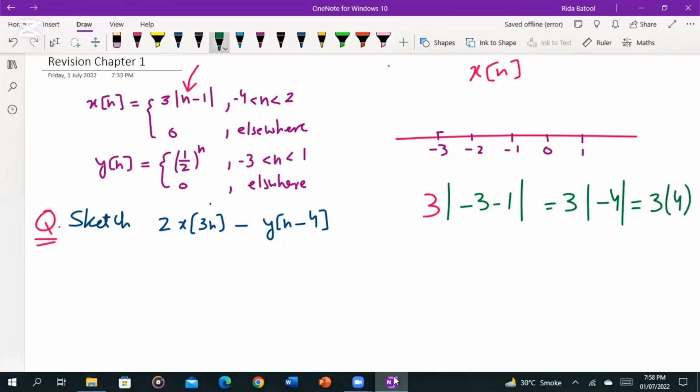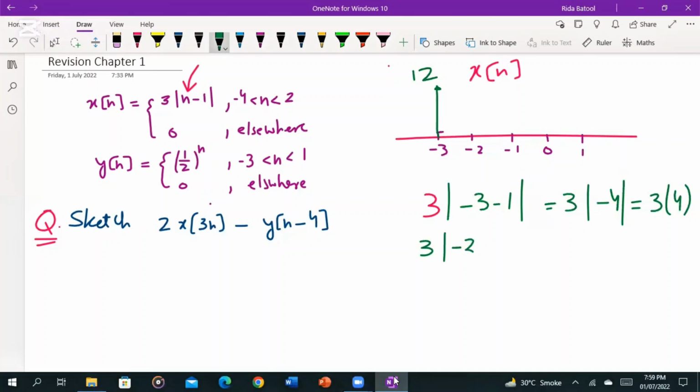That modulus will be 3 multiplied by 4 is 12. Now put n equals -2.